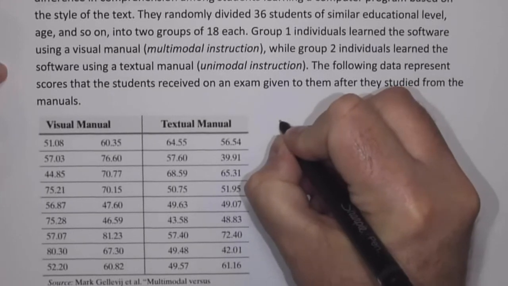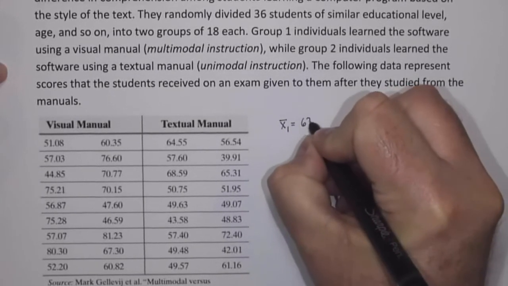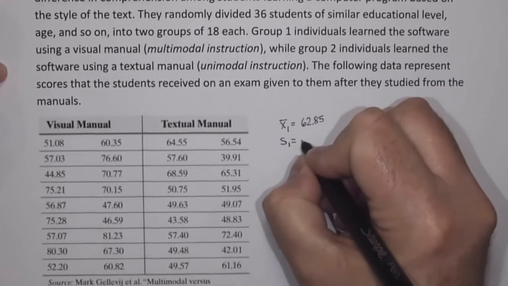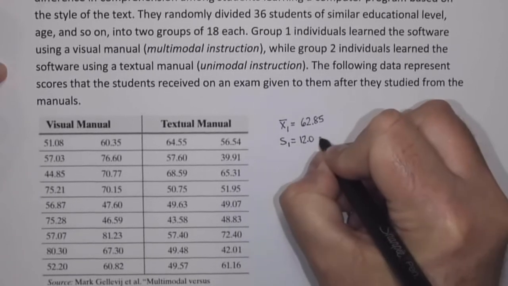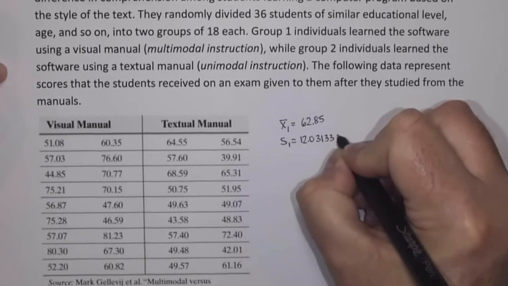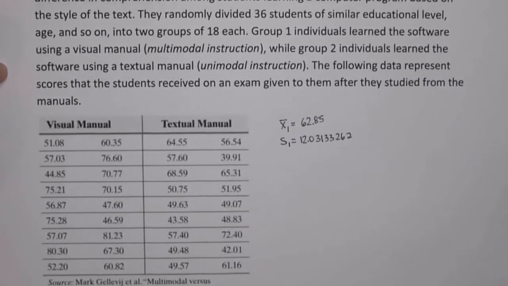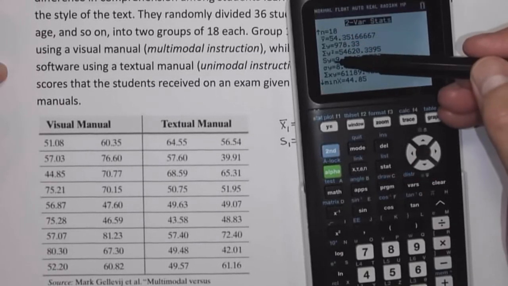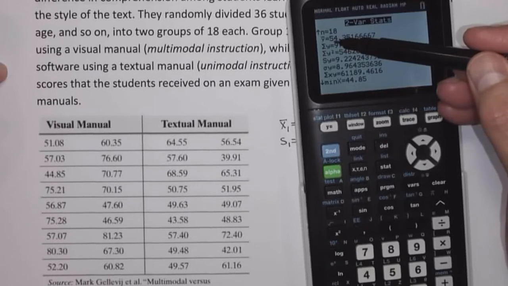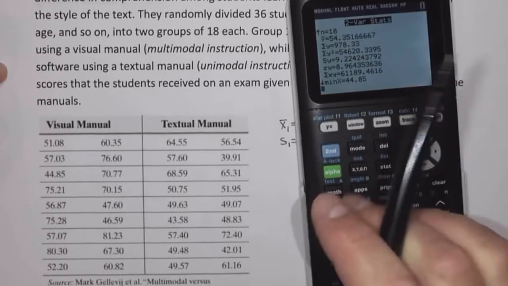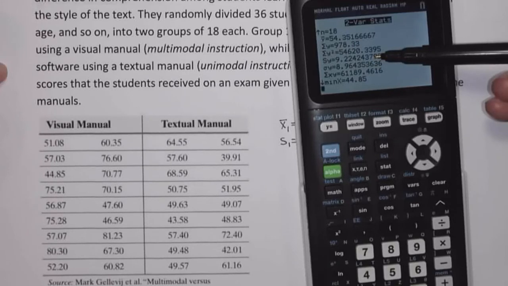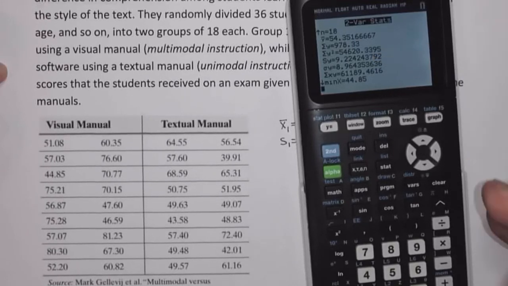So X bar 1 is equal to 62.85, and S1 is equal to 12.03133262. Now, for the second set of data, that's called Y bar and S sub Y, so I'm going to call that X bar 2 and S2. X bar 2 is going to be 54.35166667, and S sub 2 is 9.2242433792.